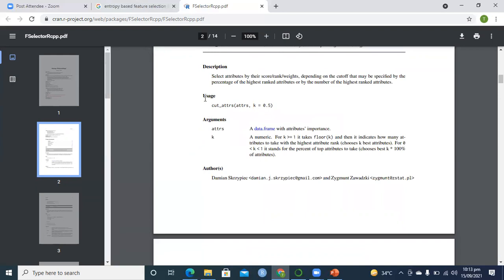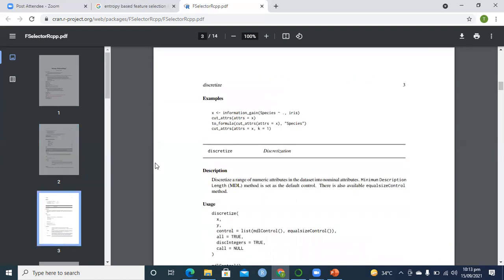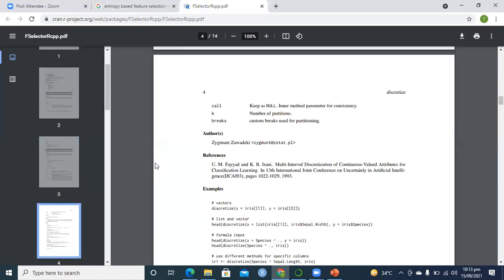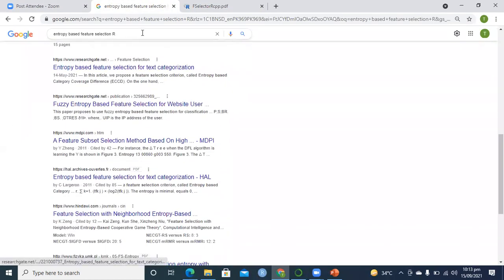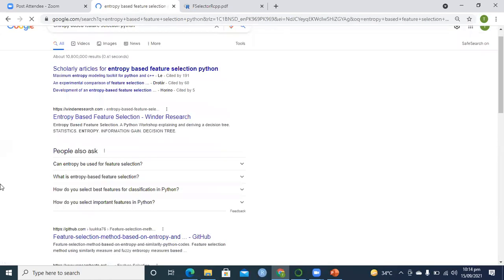So look, select attributes by their score, rank, or weights based on a cutoff value. So if the contribution of the variable is less than 0.5, remove it, but you have to study. So this is in R. On Python, you will see that there is a large collection of entropy based feature selection that you can use.